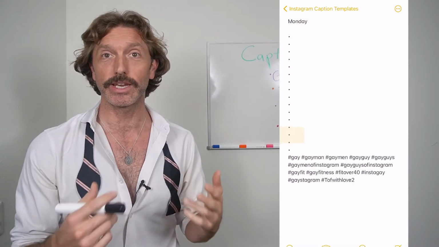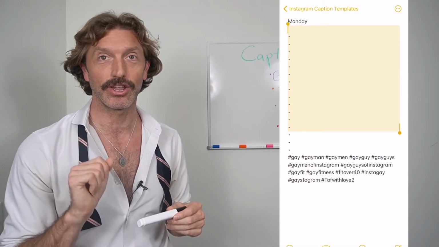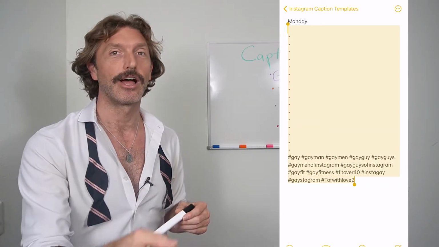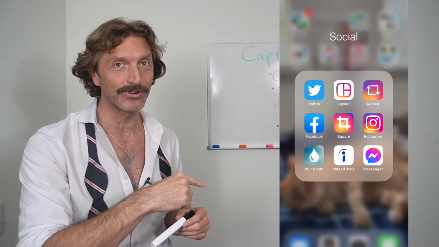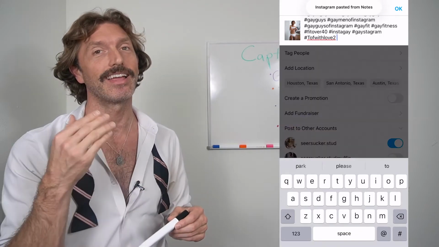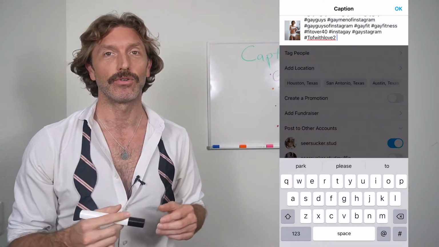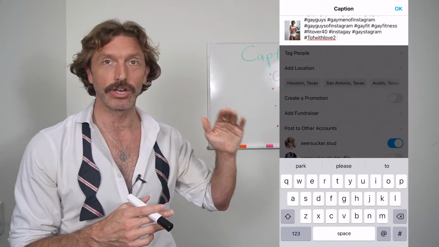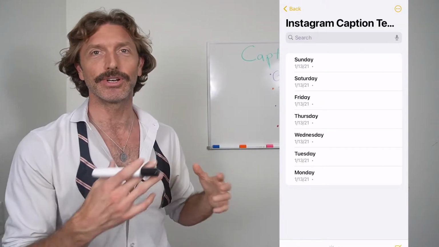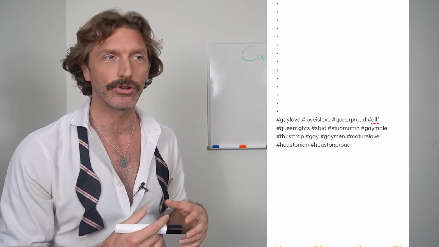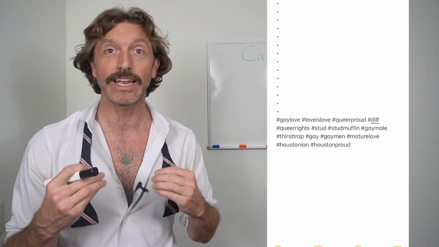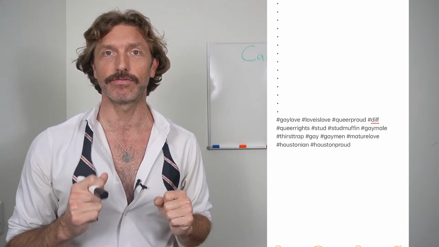So for the day of the week it is, I go into that note, I select all and copy, then I bring all of that back over to the Instagram post that I'm getting ready, and I paste it in. Now, what I've done there in the notes is for all 7 days, I've put a dozen or so hashtags that are applicable to me and any of my sexy photographs.